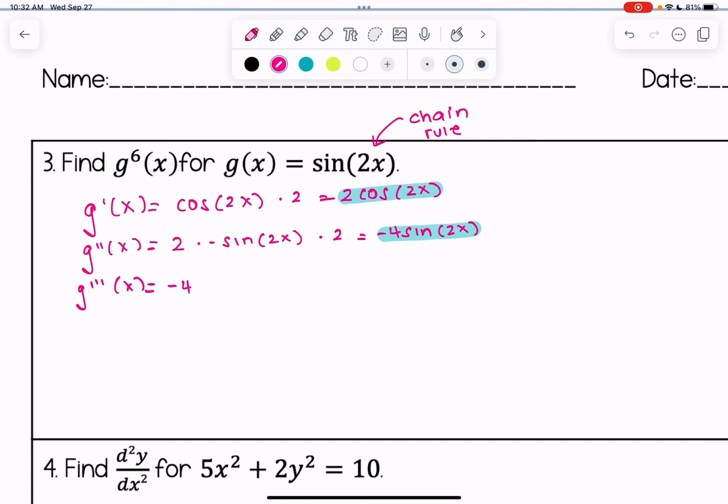Negative 4 times cosine of 2x times 2, and that's going to give us negative 8 cosine of 2x.